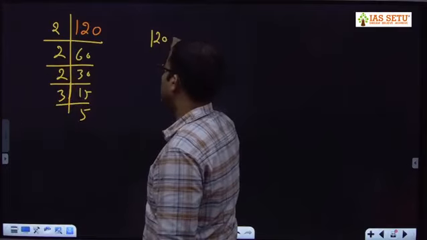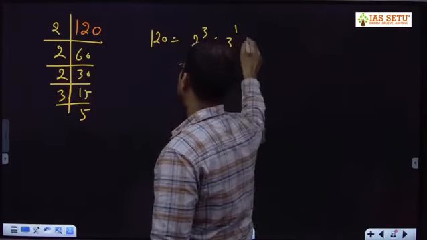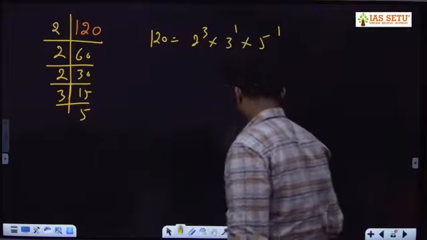So 120 is 2 to the power 3 into 3 to the power 1, 5 to the power 1.